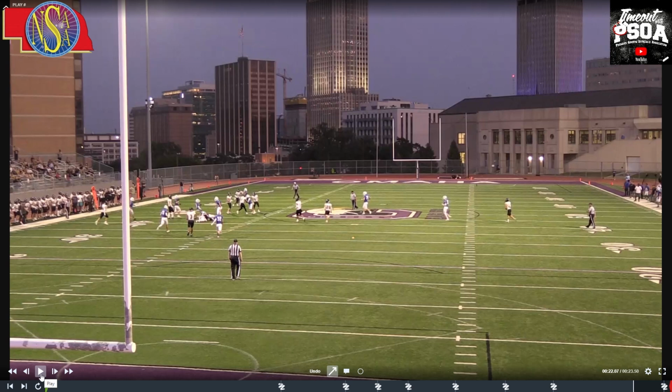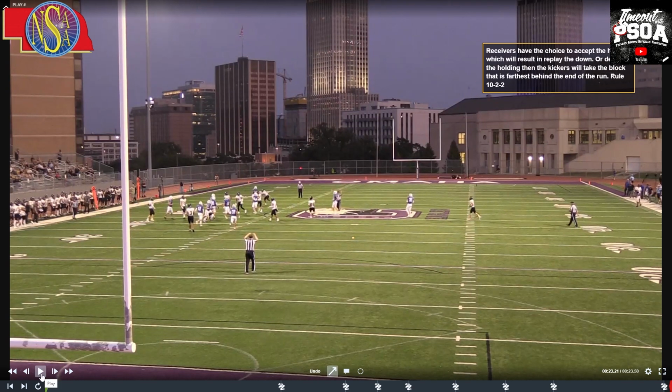So now the receiving team has the option to retain possession of the ball. They're going to have to decline the holding foul by number 35. And then if they do decline that, the kicking team gets to choose which illegal blindside block they would like to enforce.